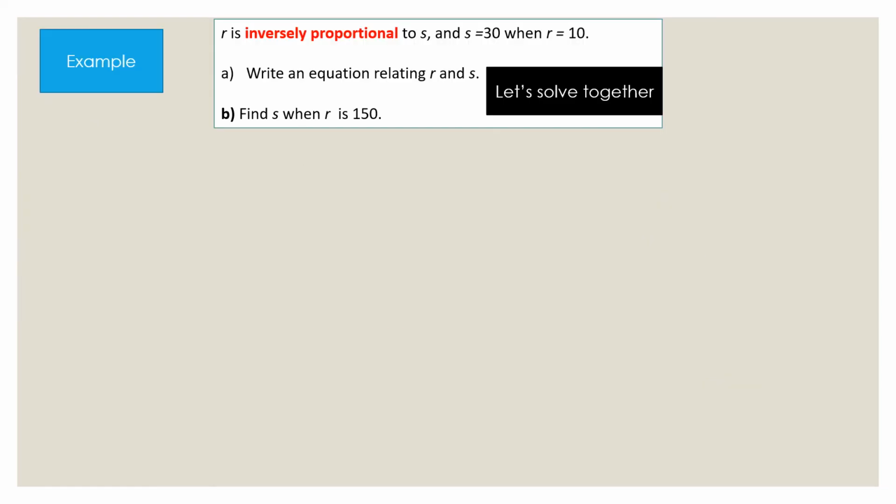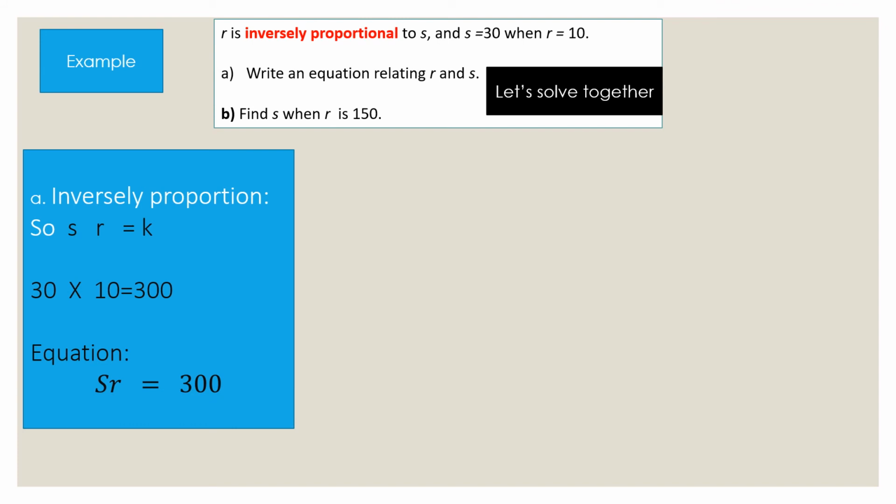Now let's solve together. Here, r is inversely proportional to s, and when s is equal to 30, r is equal to 10. When I say inversely proportional, it means I have to multiply the variables. So let's discover the equation together. Multiplying the variables means s times r, which is 30 times 10. So I will get 300.